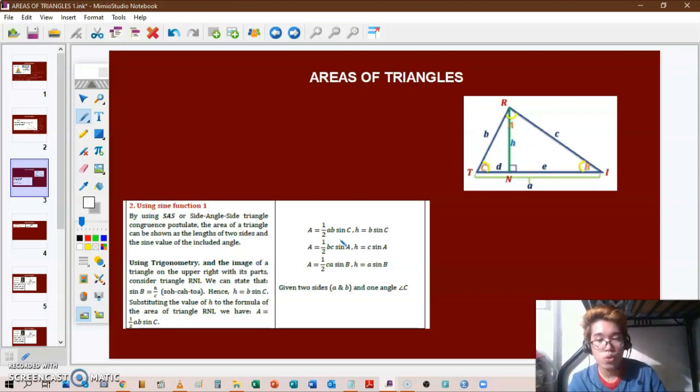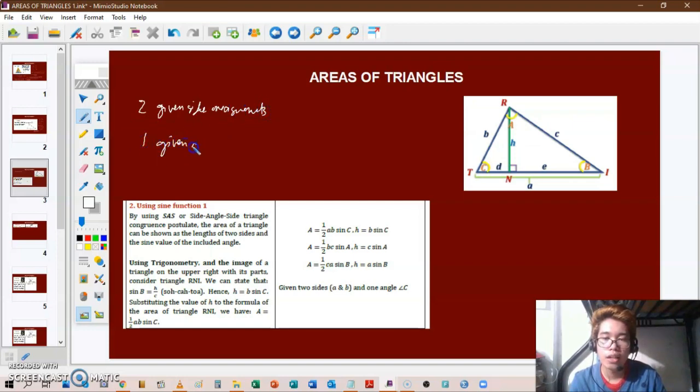We're going to use this formula only if we have two given side measurements and one given angle.